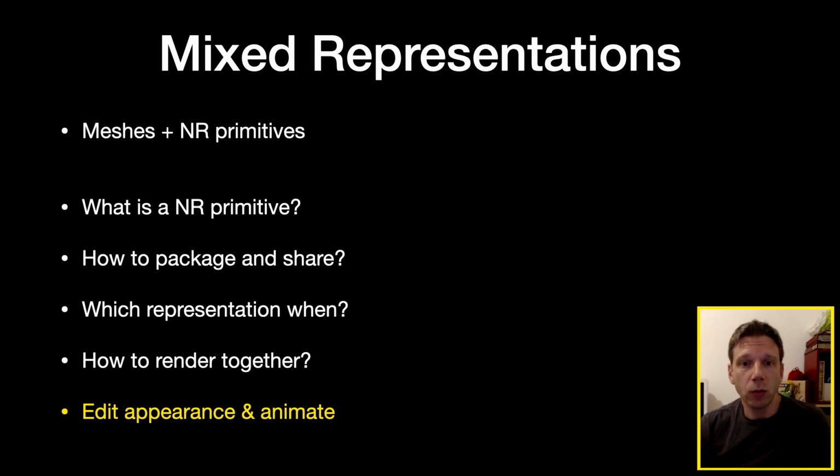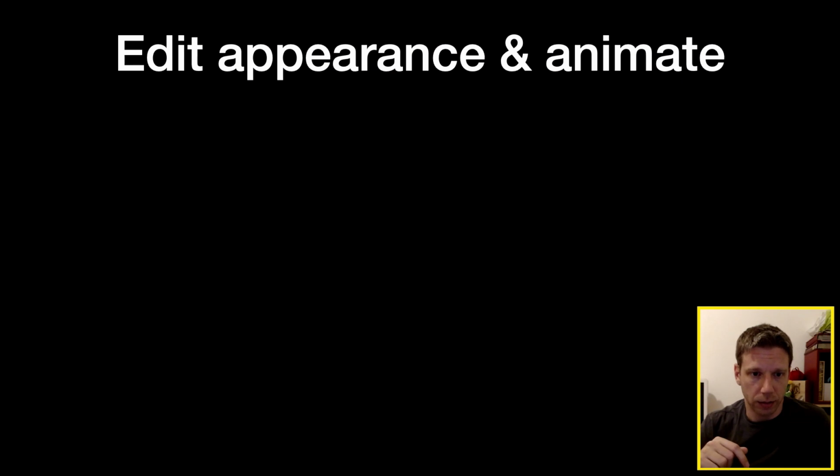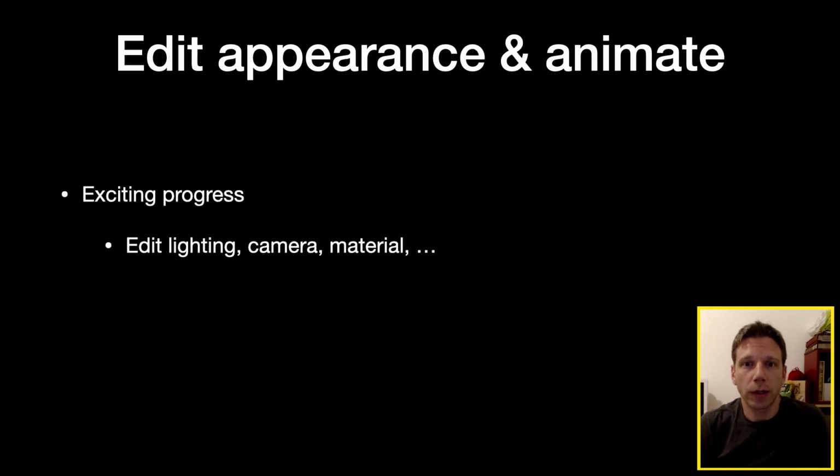And lastly, how do we bring neural rendering primitives to the same level of editability and animation capabilities that we are used to when working with polygonal meshes. Let's dive in a bit deeper on that last point. So, editing appearance and animating. We've seen some exciting progress today when it comes to editable neural rendering.